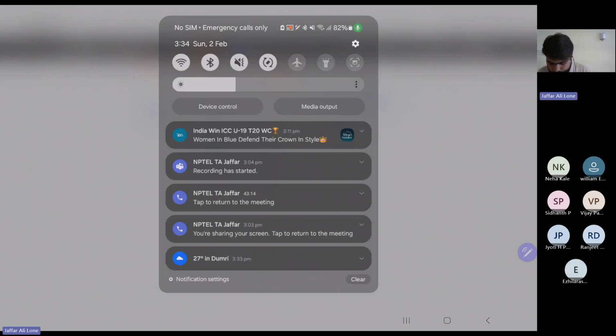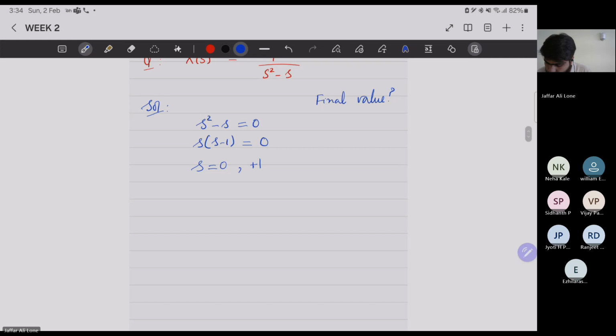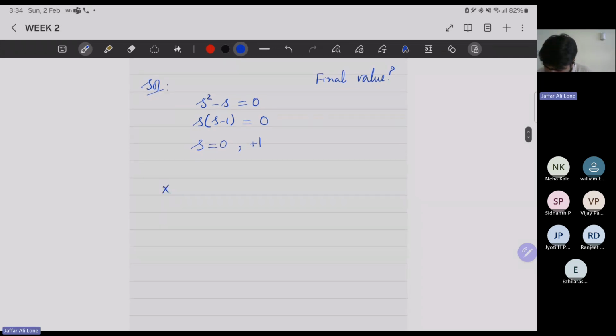Here, see, we had X(s) equal to 4 divided by s into (s minus 1).